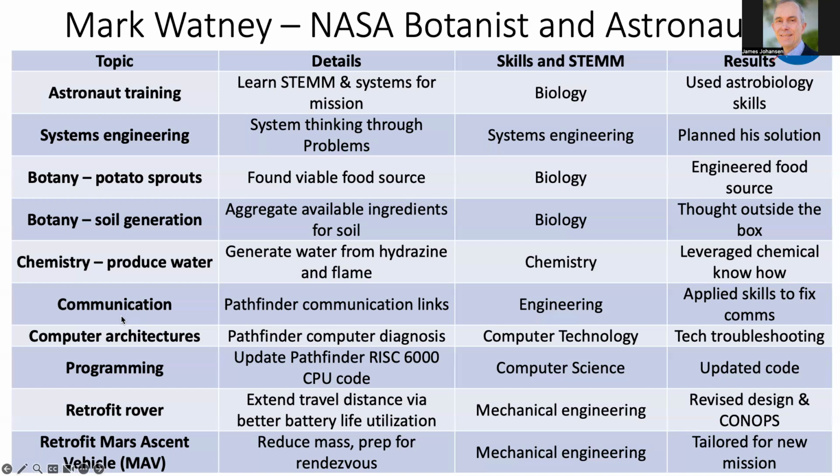He then wanted to reestablish communication back to Earth, let them know that he was there, and so he had some basic communication capability that he was able to do on that front. He also had to think about computer architectures. He had to think of how he was going to take parts of Pathfinder, do some diagnosis, and get it up and running.